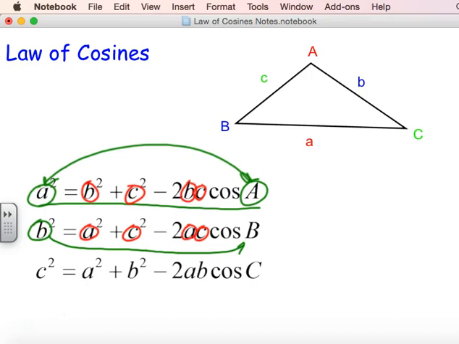And you can see the same thing down here. This is A and B, and this is A and B. And then this is if you want to find side C or angle C. So it's the same formula, just depends on which side you're trying to find.